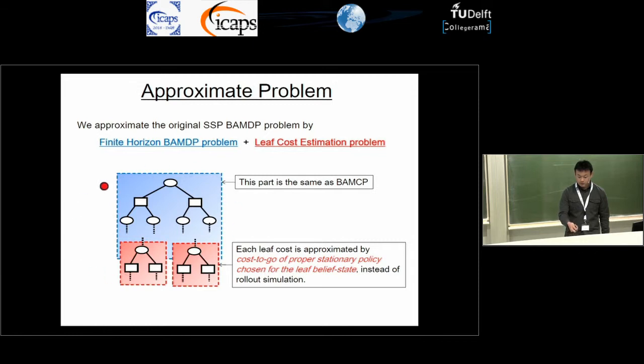This part is the same as BAMCP, and in this part, each leaf cost is approximated by the cost-to-go of a proper stationary policy chosen for the leaf belief state instead of rollout simulation.